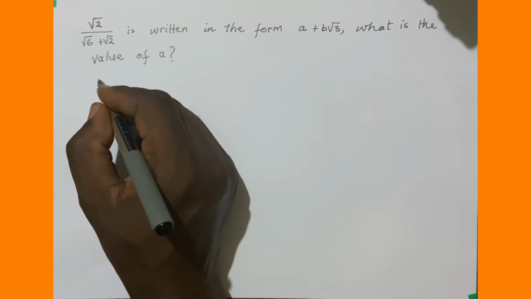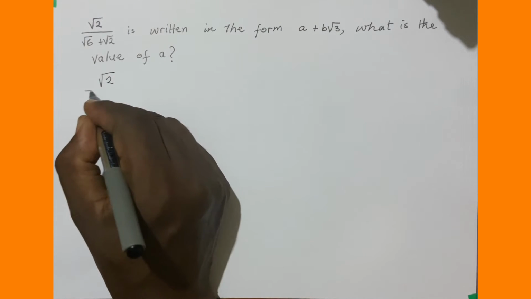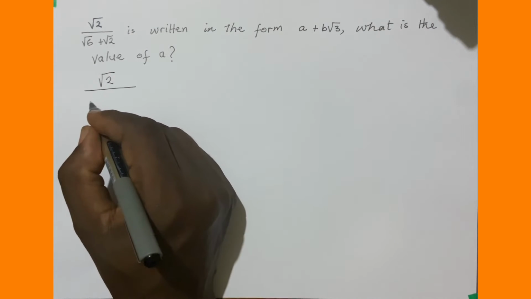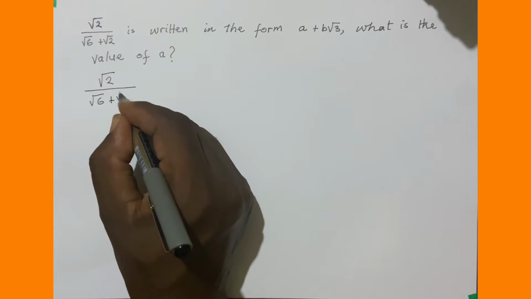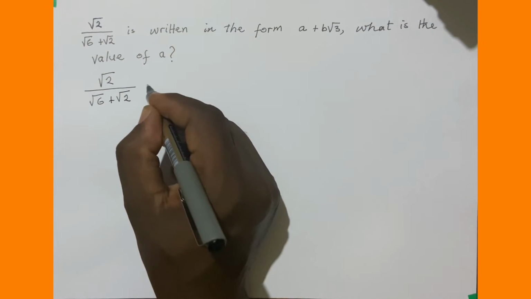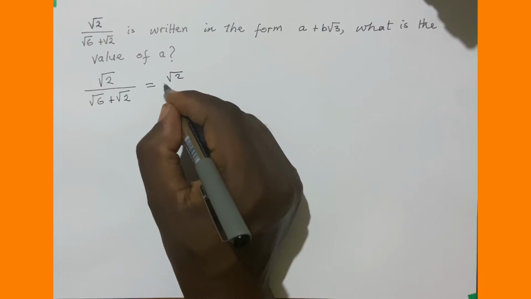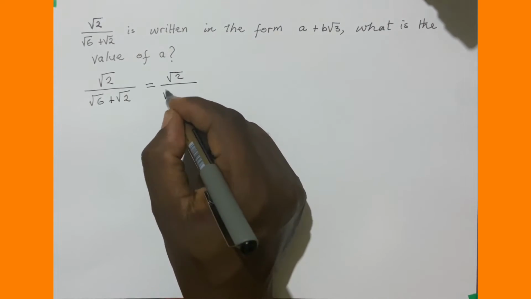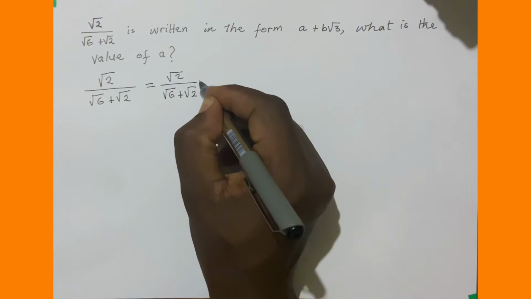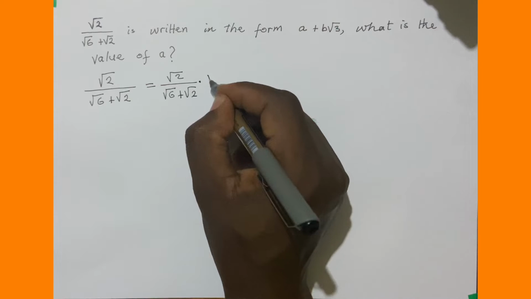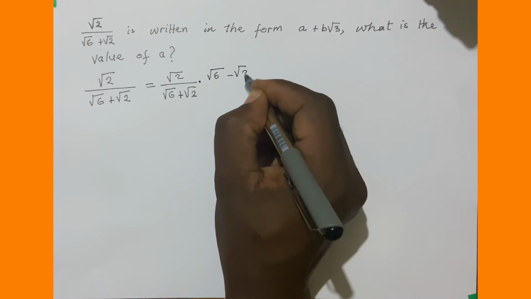We are going to write that root 2 over root 6 plus root 2 is equal to root 2 over root 6 plus root 2 times root 6 minus root 2.